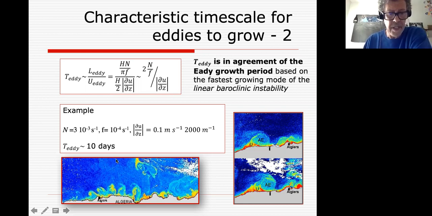The growth rate is of the order of a week, is not constant, but is not far from those foreseen by this simplified back of envelope calculation of the time scale of the eddy.